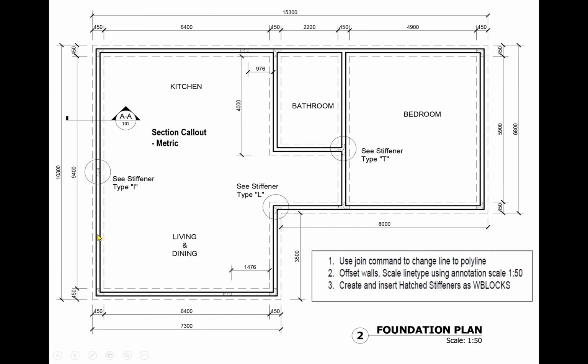So the two inner lines, which are continuous lines, represent the walls coming out of the ground. And the two dotted lines that are parallel on either side represent the actual footing that the wall sits on top of, the foundation footing. So this, as we will talk about later on, is a narrow strip foundation.